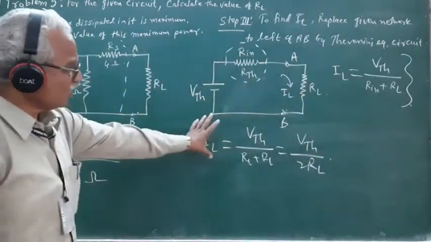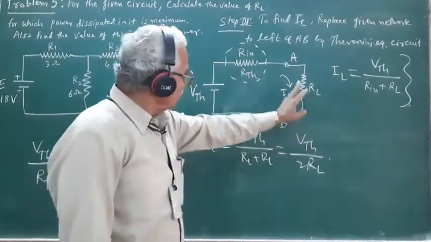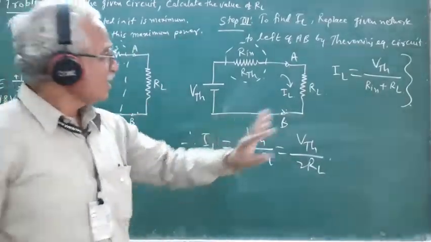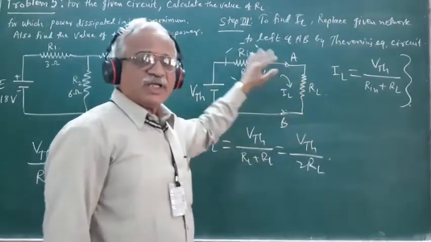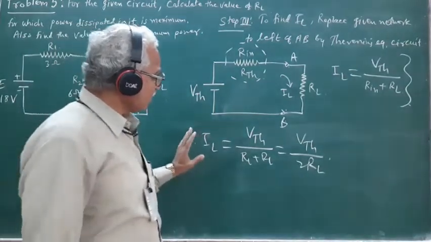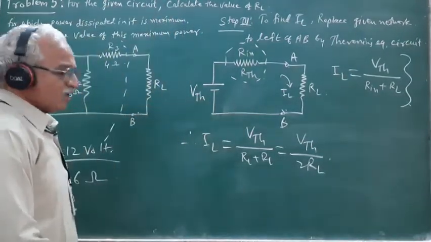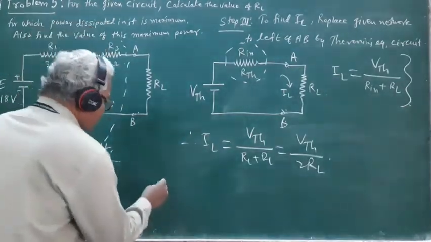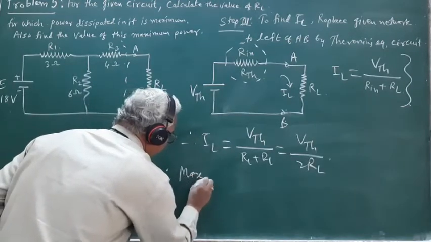So this is the load current IL flowing through the load resistance RL under the condition when the load resistance is exactly equal to the internal resistance of the source. And if this is the current flowing through RL, now we can find out the maximum power.